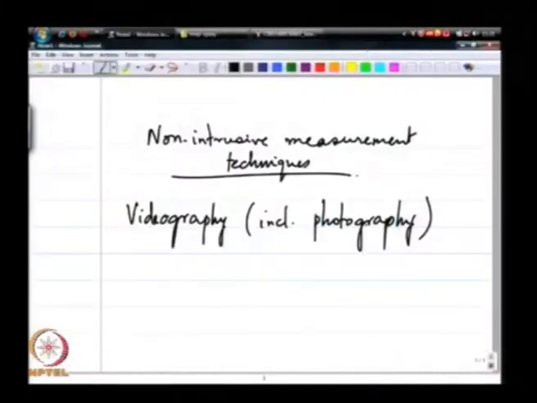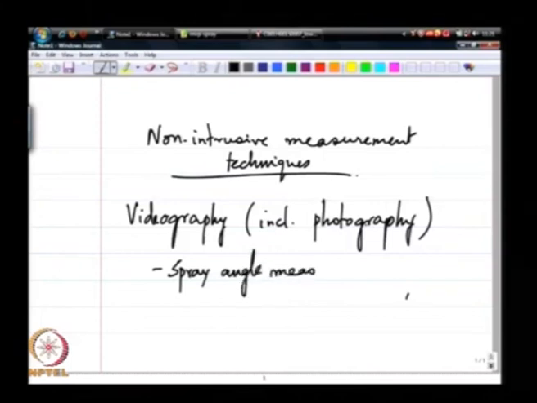So, let us make some notes on what works and what does not work. One could make spray angle measurements. One could look at unsteadiness in the spray.